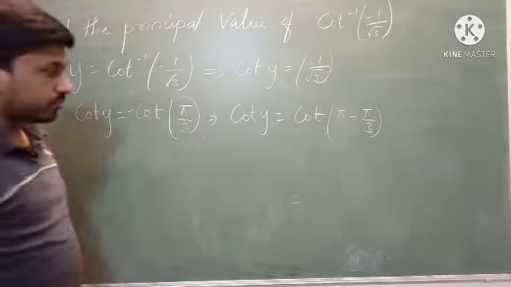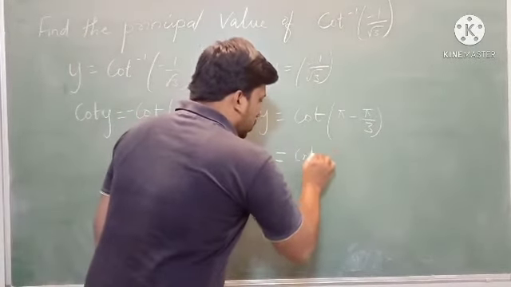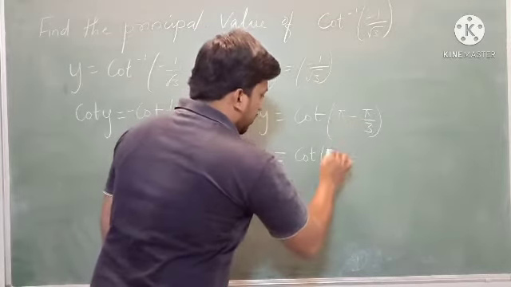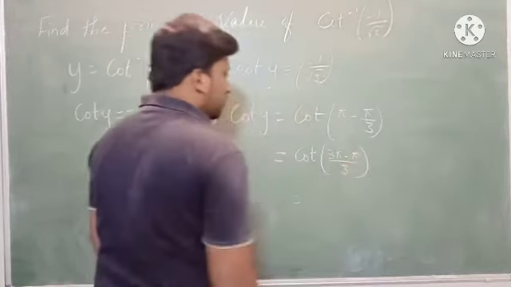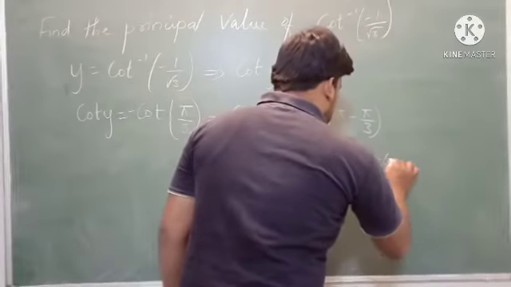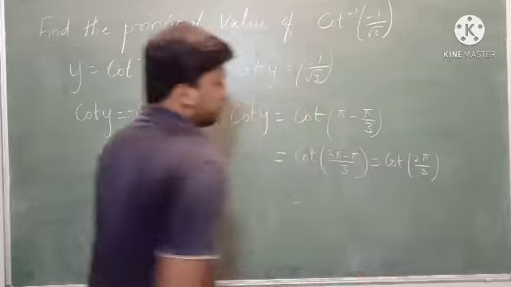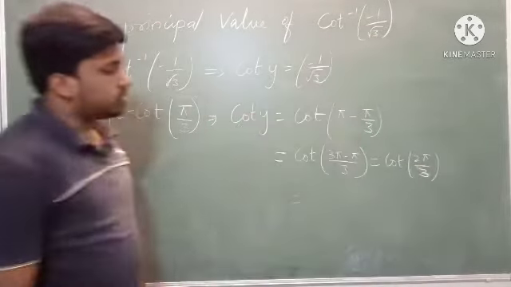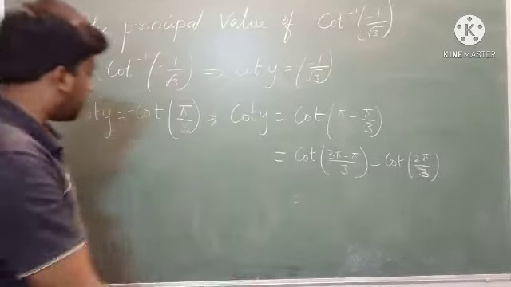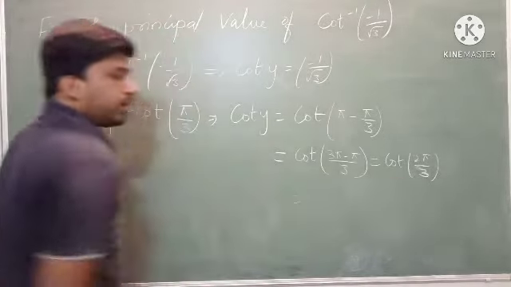Okay, it is very simple. So that is nothing but cot of 3 pi minus pi by 3. So that is equal to cot of 2 pi by 3, right? Okay, so it is cot of 2 pi by 3. So here cot y is equal to cot of 2 pi by 3.